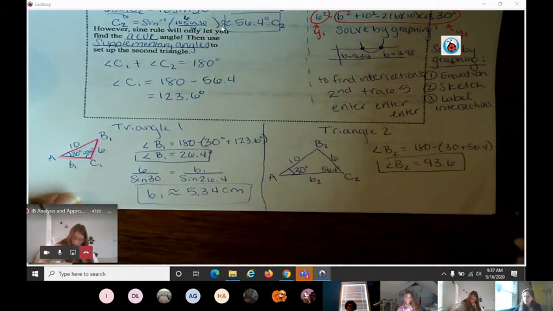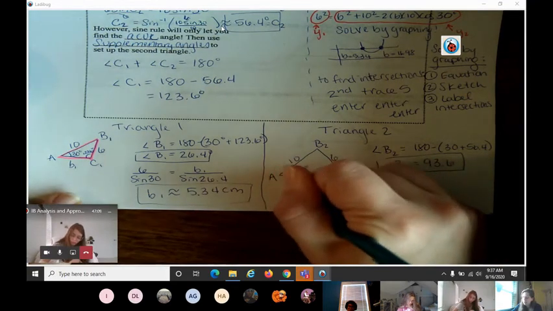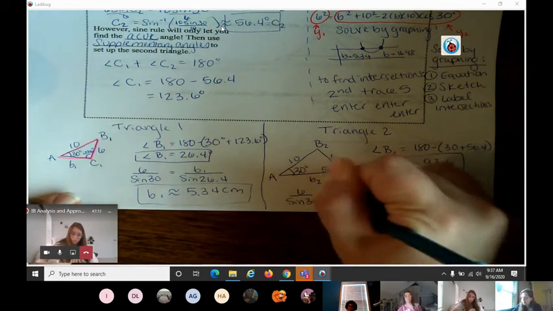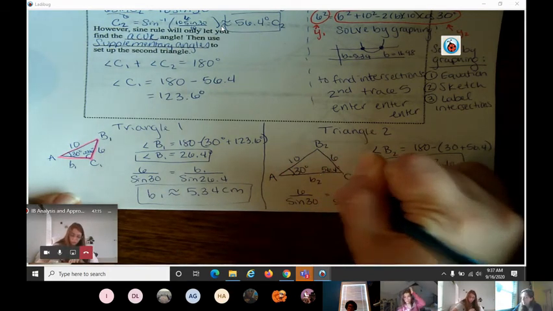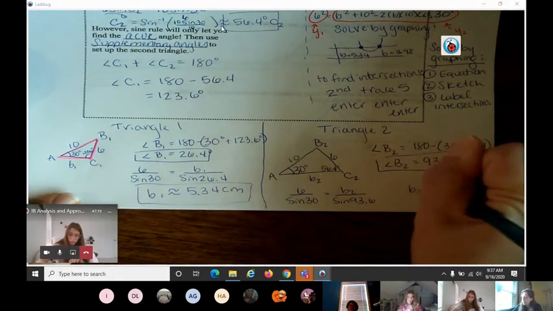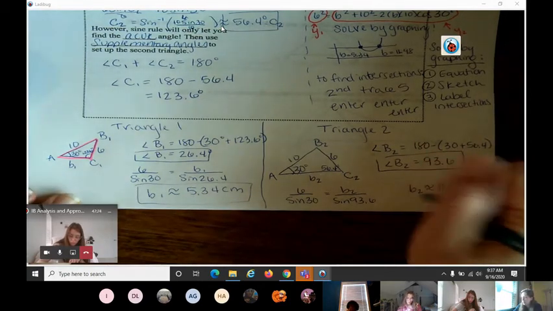And then I can solve for my little b2. I know that it's 11.98, but just to show you. Okay, so my little b2, when I solve, should be 11.97 centimeters. I can say about 12 if I wanted to.